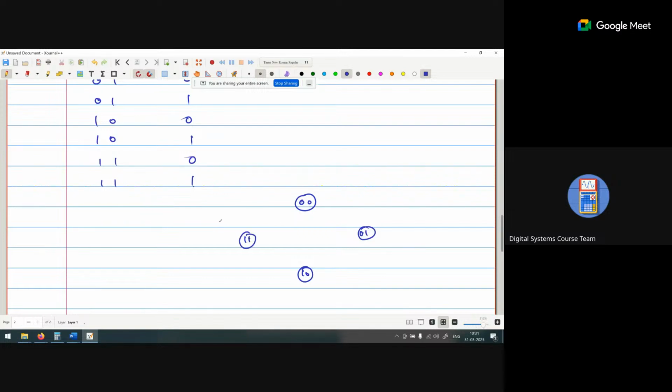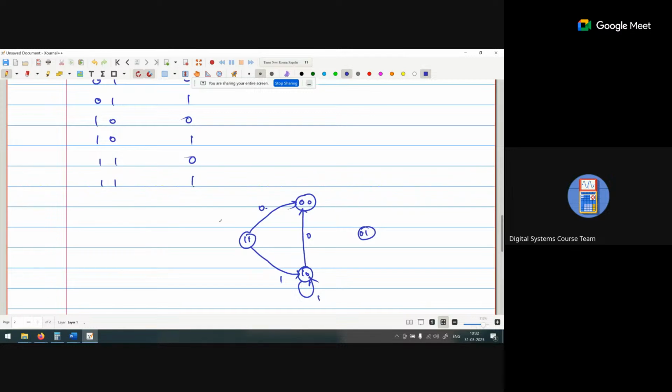We look at what happens when the input is 0 and when the input is 1. From 1 0, when input is 0 it goes to 0 0, and when the input is 1 it will remain as 1 0.